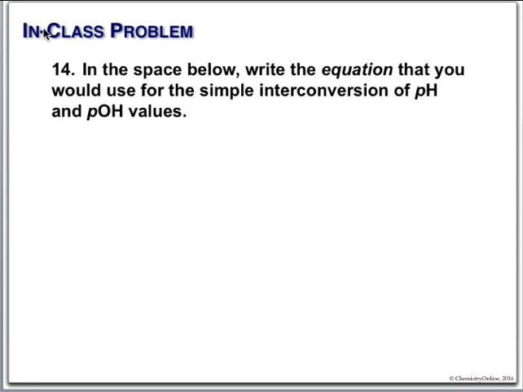What is the equation that would give you a simple interconversion between pH and pOH? At 25 degrees in solution, pH and pOH are related by a very, very simple equation. What is that?